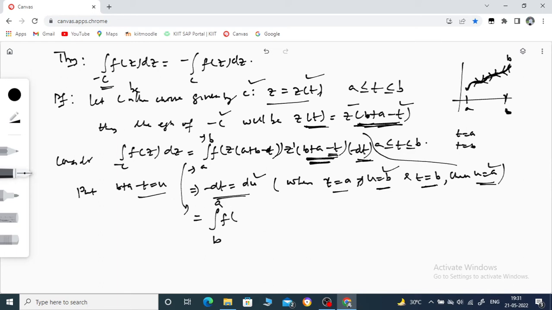Then f of z of u, and this is z dash of u, and minus dt is du. Okay, so now this is minus of the integration from a to b, since it is b to a. If I change the upper limit as lower limit and lower limit as upper limit, then I will give a negative sign there.